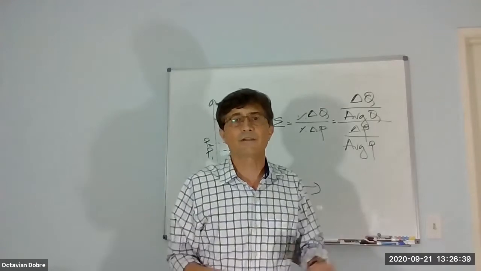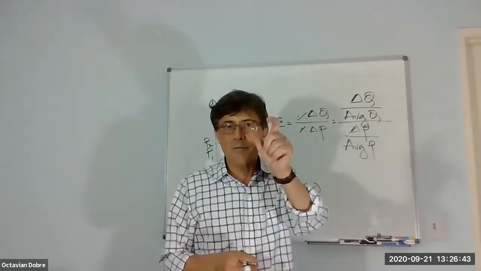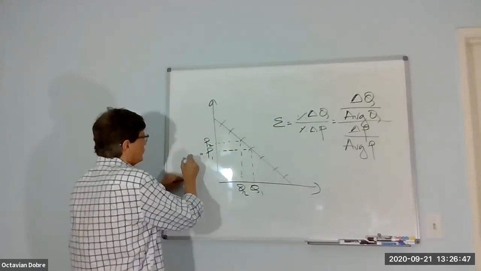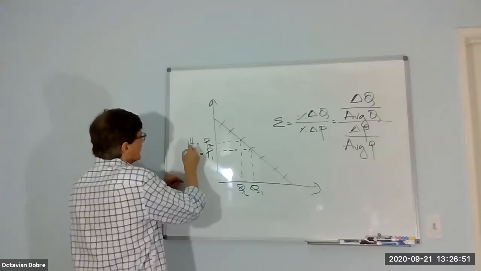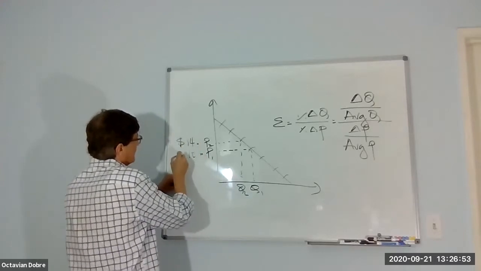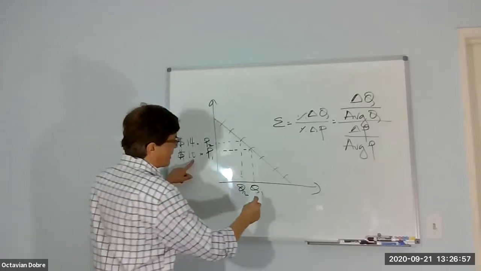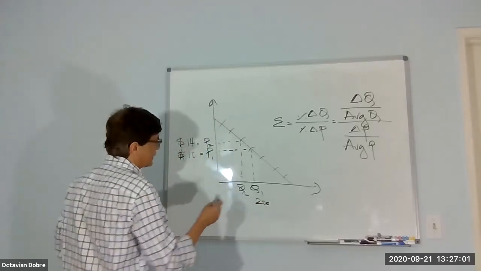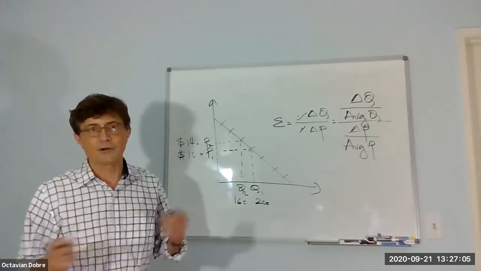Okay. So let's do a calculation. Let's calculate the price elasticity of demand on a particular segment. So let's say that P1 is equal to $10, P2 is equal to $14. And at $10, people want to buy 200 units, and at $14, people want to buy 160 units.